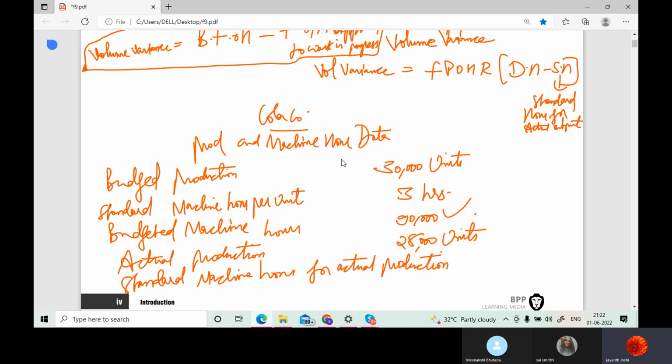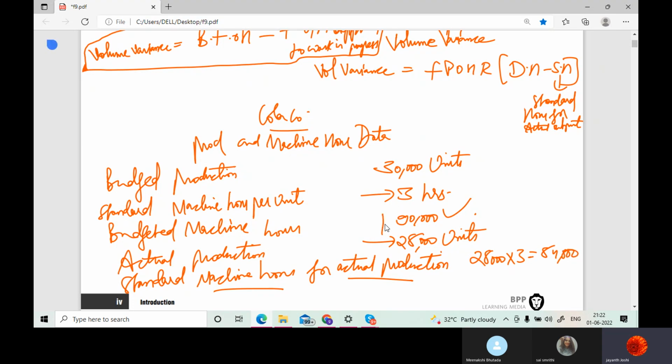Per unit standard hours is 3 hours. To produce 28,000 units, how many standard hours are you taking? That will be 28,000 into 3, which is 84,000. You should understand this.